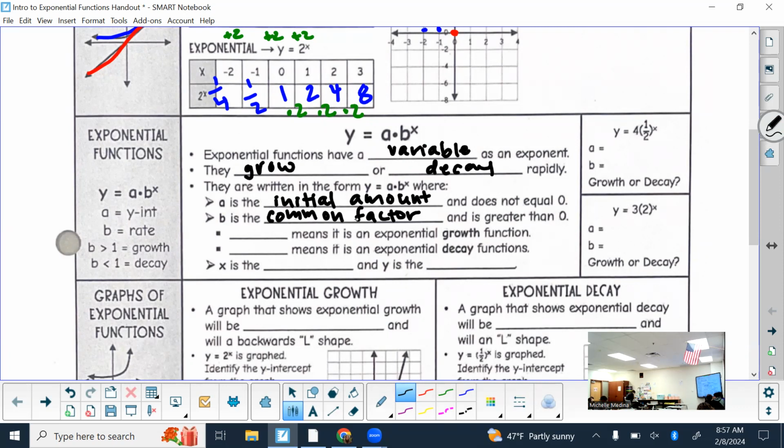Now, what part of the equation can you look at to tell you if it's growth or decay? This is related to something you saw in your test. When you have an equation and this number is blank, it's going to be growth.